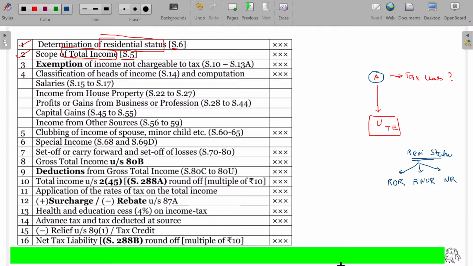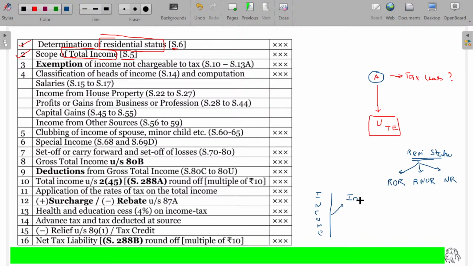Step number 1. Step number 2, scope of total income. Okay, income. Clear? Income may be of three varieties.